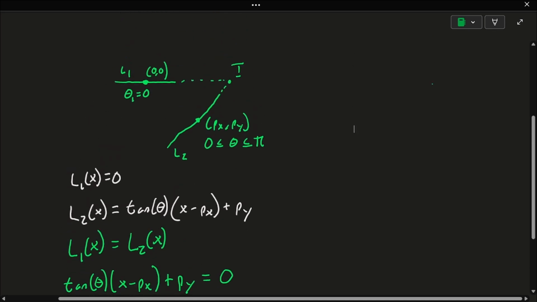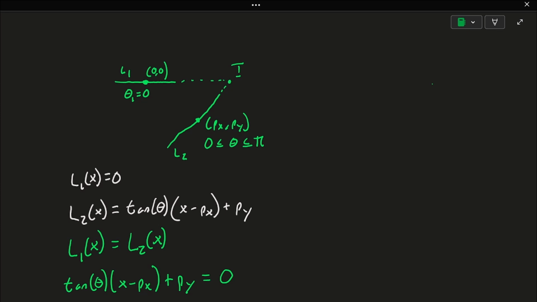Now, we actually know the y position of I. Because L1 is always equal to 0, we know that the y value of I is also always going to be 0, because if anything intersects with L1, it intersects when y equals 0.